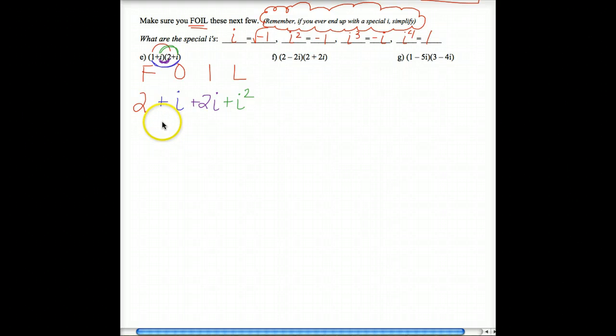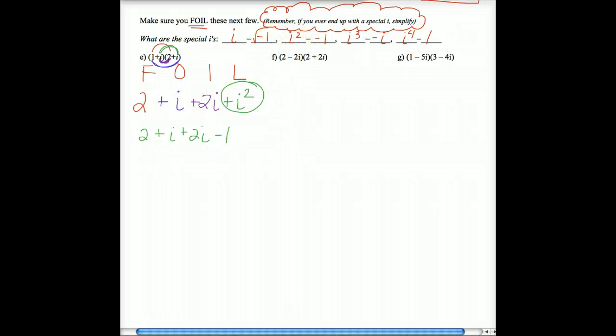So I look for my special i's first, and I look here. I'm going to leave these ones the square, we don't need to make those square root of negative 1, but I do need to change this i squared. i squared is negative 1. So this is going to become 2 plus i plus 2i plus negative 1, which is the same as minus 1.